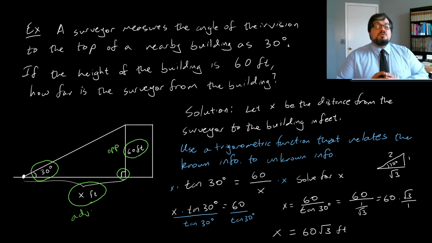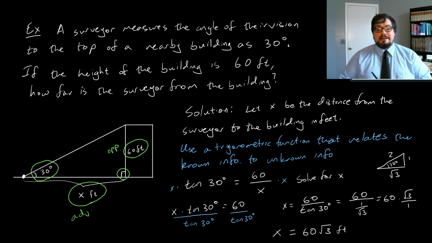Now, if this problem as I wrote it is exactly what was given, this is where we would have to stop, because this is the exact height of the building, given the information that we came across. However, most of the time, application problems like this will ask you to approximate the answer.